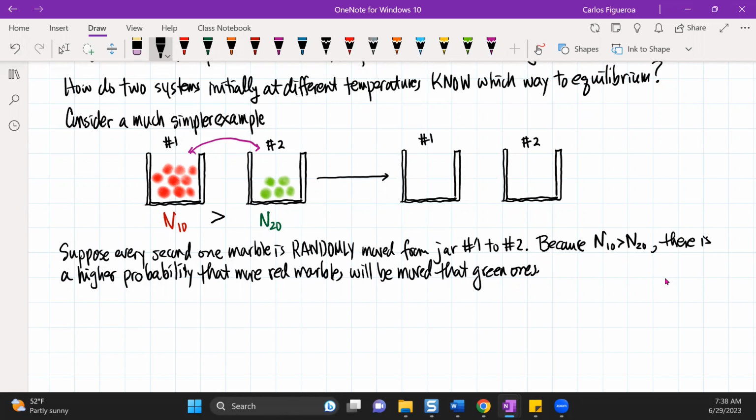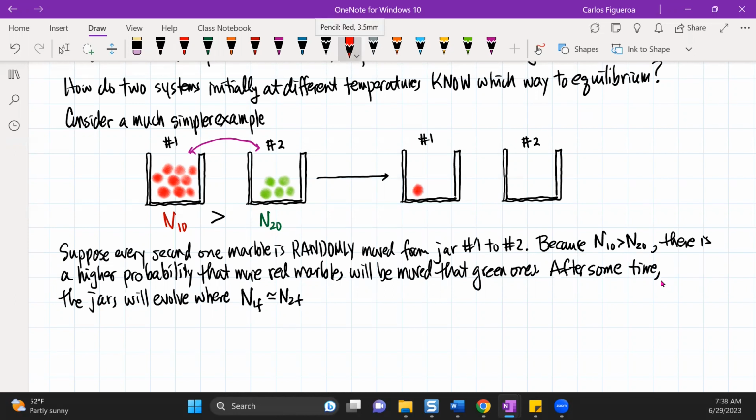So after some time, the jars will evolve where the final number of the reds is approximately equal in the two. So if I look at this, I'm now going to have, let's say, some mixing.